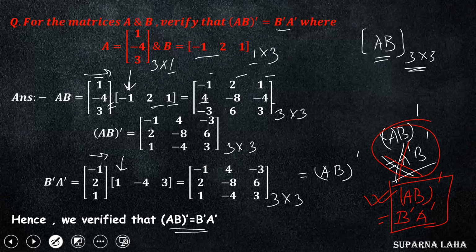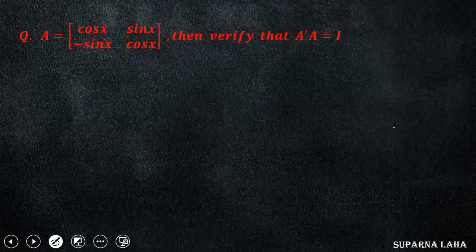Okay. So the next problem: A is a 2 by 2 matrix given here, and you need to verify that A transpose into A is the identity.